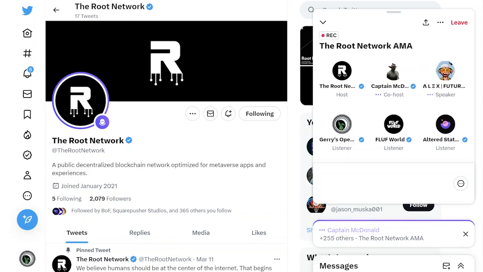The other thing that's important to note is that Root isn't just a blockchain. It's actually a set of tools built into the chain, or anchored into the chain, for optimizing interoperability of content in the metaverse. So when you're interacting with Root, it's not just performing the standard functions you'd expect from a regular layer 1.